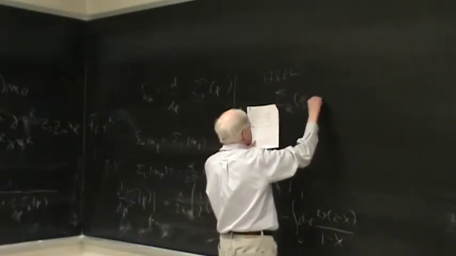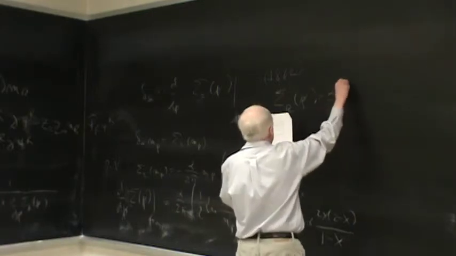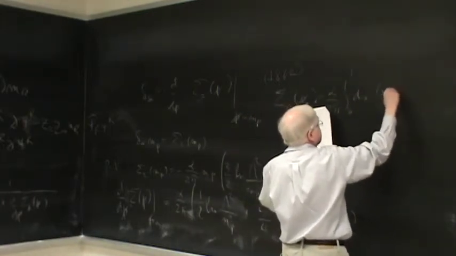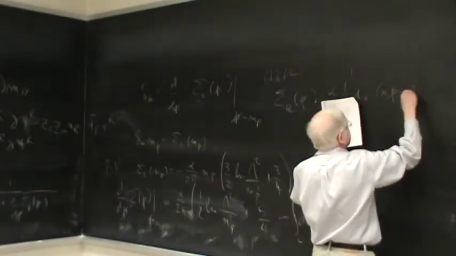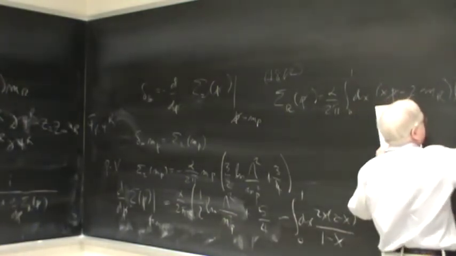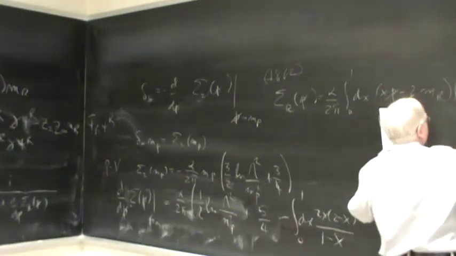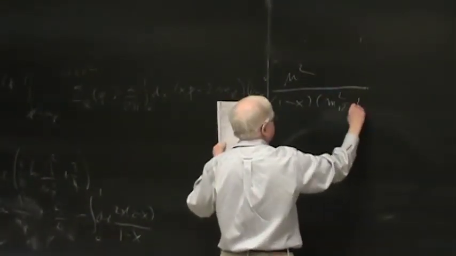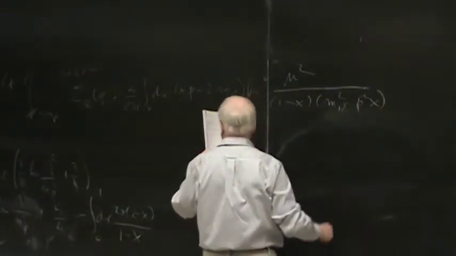Sigma p slash is alpha over 2 pi integral 0 to 1 dx x p slash minus 2mr log mu squared over 1 minus x mr squared minus p squared x.